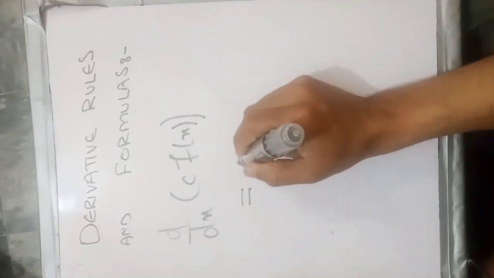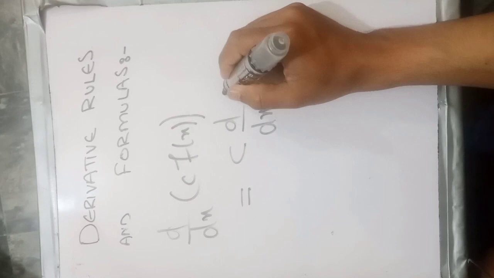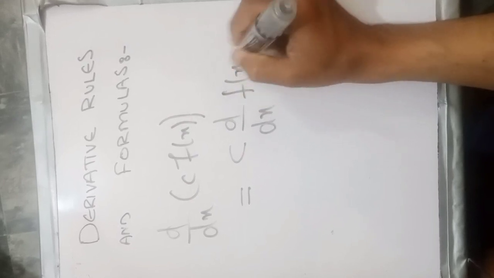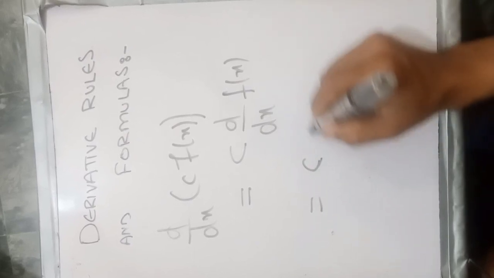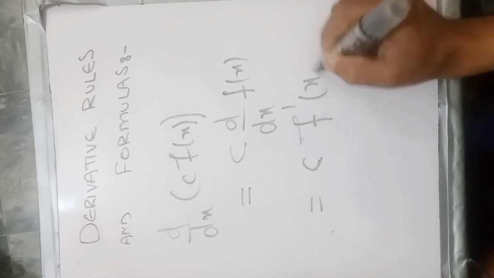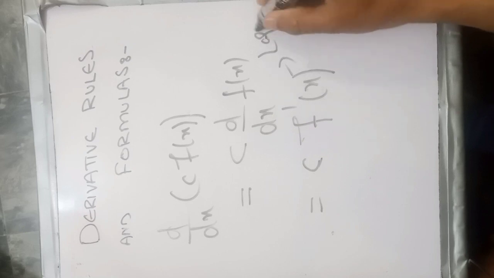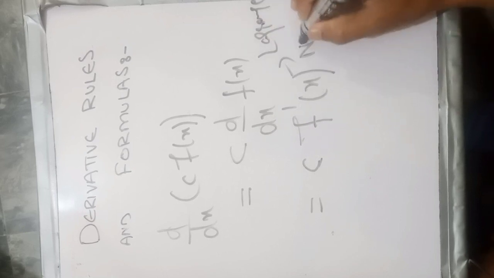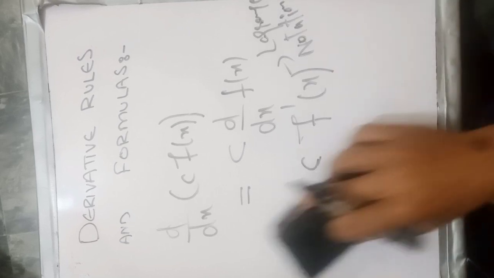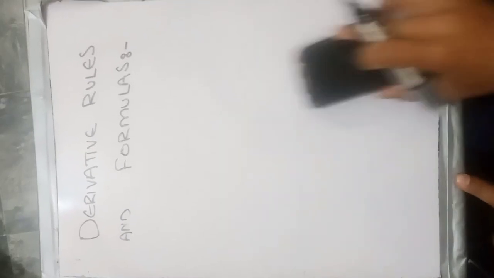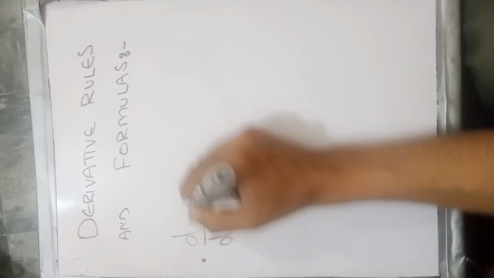We just take the constant out of the derivative and take the derivative of f of x, then we get the derivative of f of x, and symbolically we can write it in Lagrange notation, that is known as Lagrange notation. So the constant is out of the derivative.